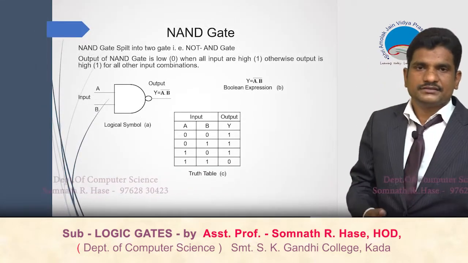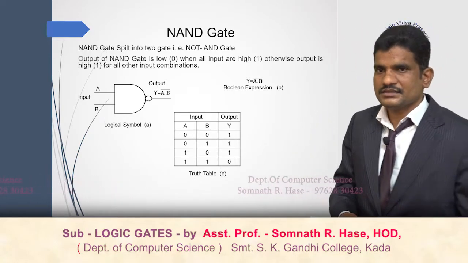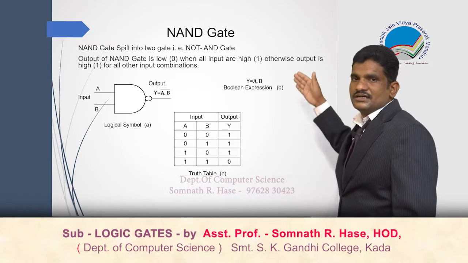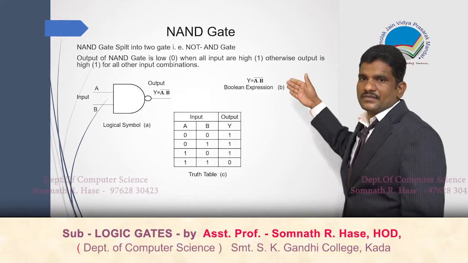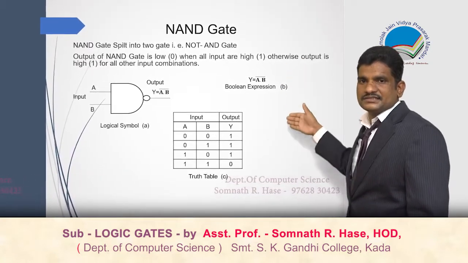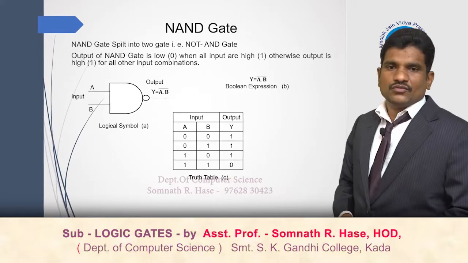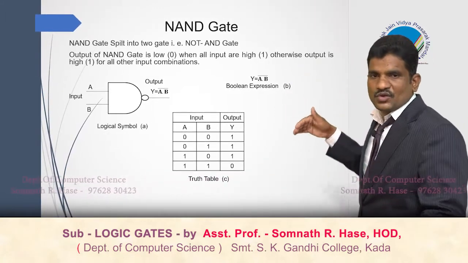After the OR gate, the next one is the NAND gate. This slide represents the NAND gate. In this gate there are two inputs A and B. The NAND gate states that when both the inputs are 1, then only the output is 0.